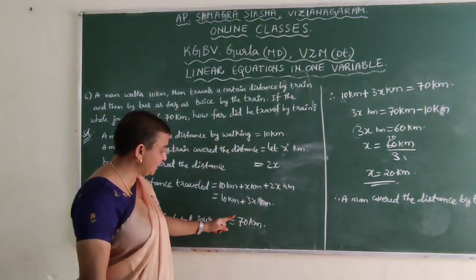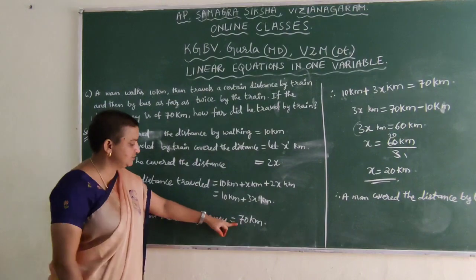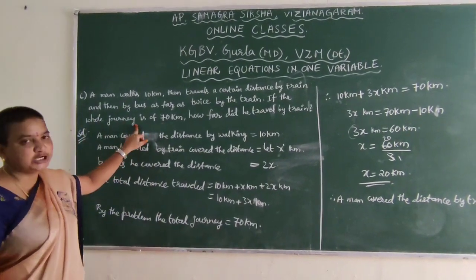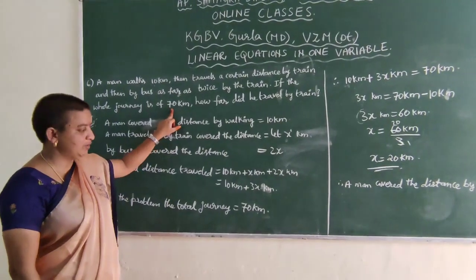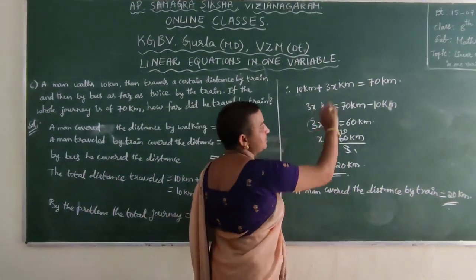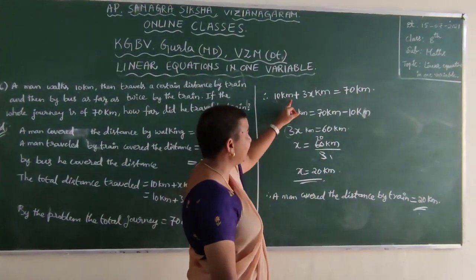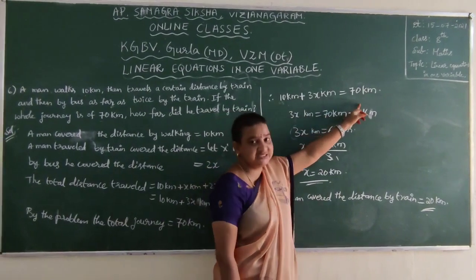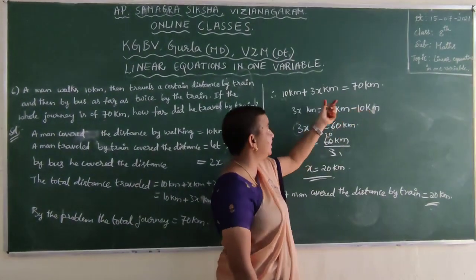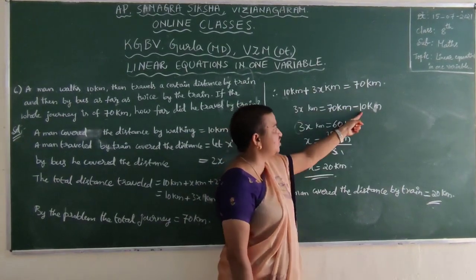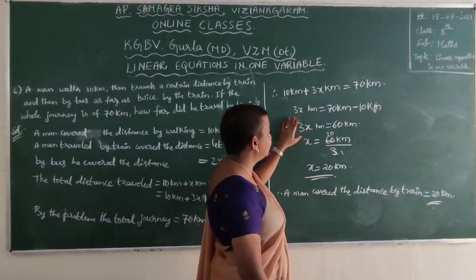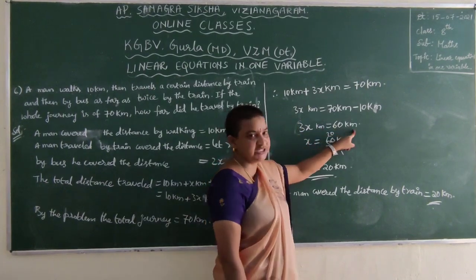This is equal to 70 kilometers because the total journey is given as 70 kilometers in the problem. 10 kilometers plus 3x kilometers is equal to 70 kilometers. So 3x kilometers is equal to 70 kilometers minus 10 kilometers, that means 60 kilometers.